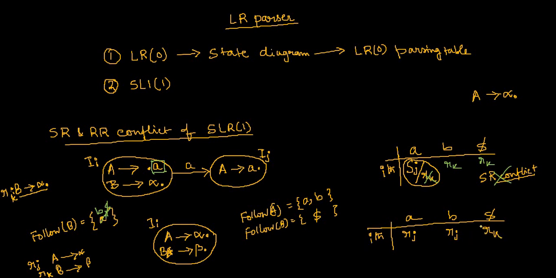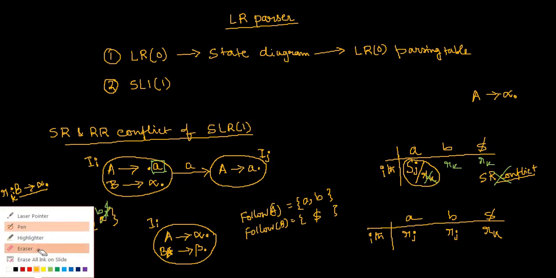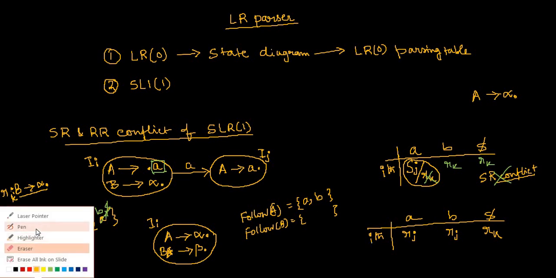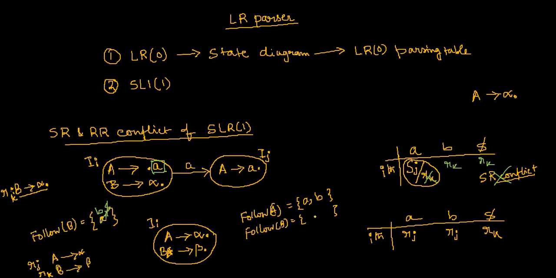No issue, no problem. But somehow, if the follow of B contains something that is present in follow of A also, for example a and dollar, then I will have a problem, because because of this particular a, this RK must be present over here also. And this situation will lead to what we call RR conflict.